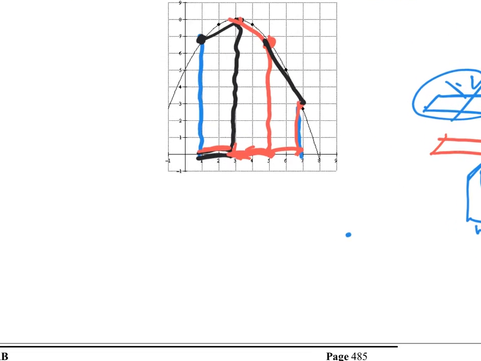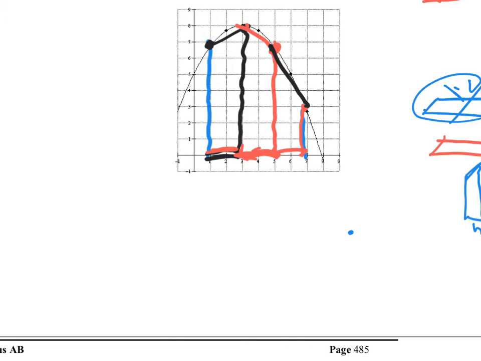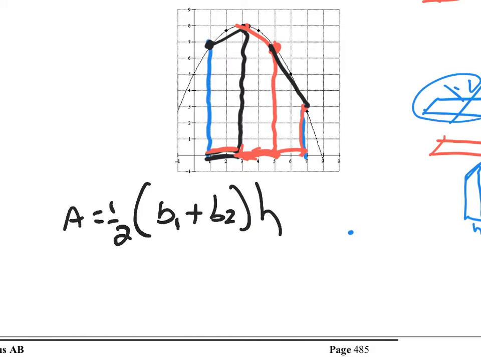So now the hard part is, what is the area of a trapezoid formula? It is 1/2 base 1 plus base 2 times height. If you look at the left-hand trapezoid, this is my base 1 and this is my base 2. The height of this is base 1, the height of this is base 2.